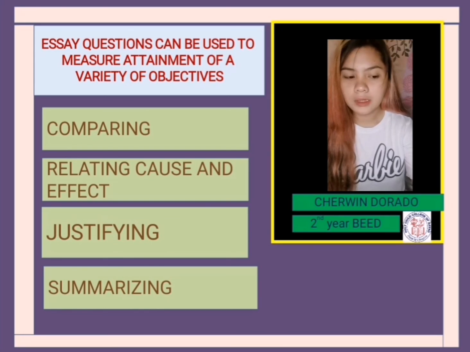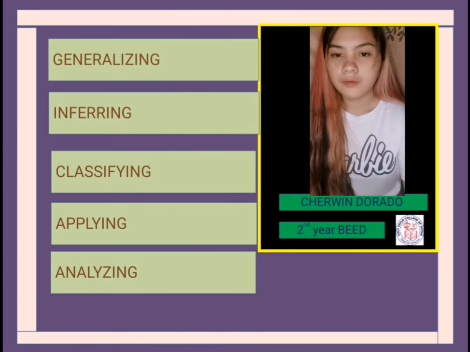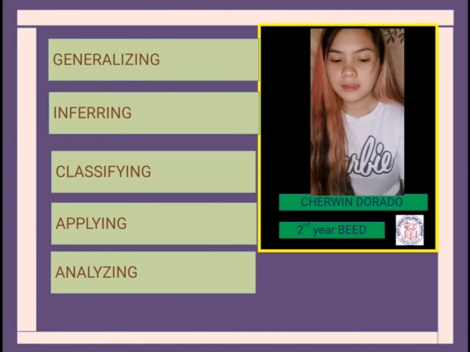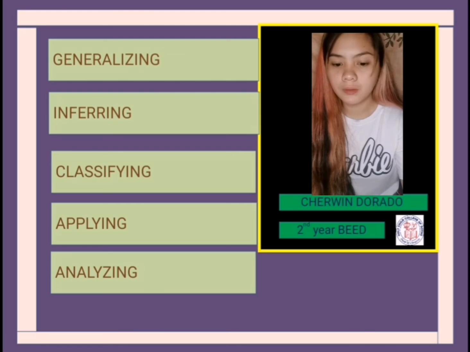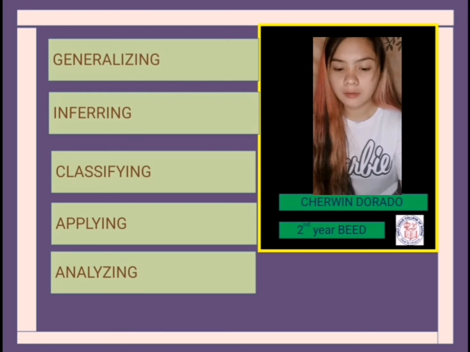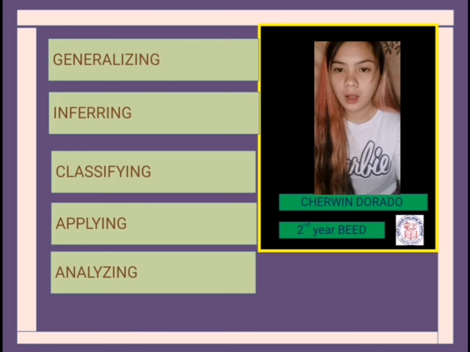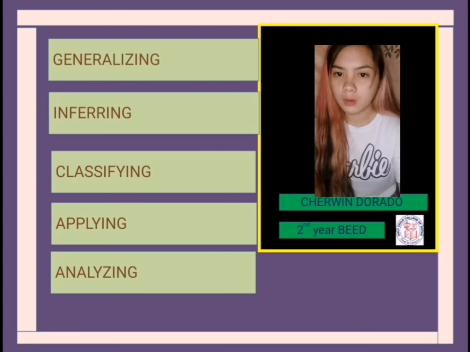And fourth, summarizing. Briefly summarize the content of the essay. Fifth, generalizing. State a set of principles that can explain the following events. Sixth is inferring. In the light of the facts presented, what is most likely to happen when. And the seventh, classifying. What do the following items have in common.